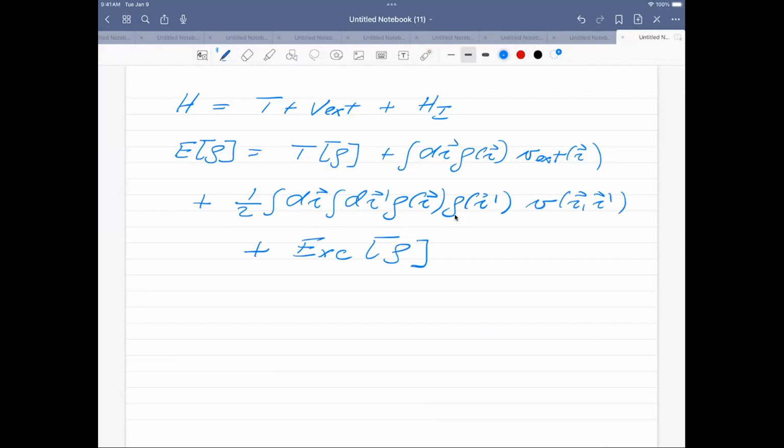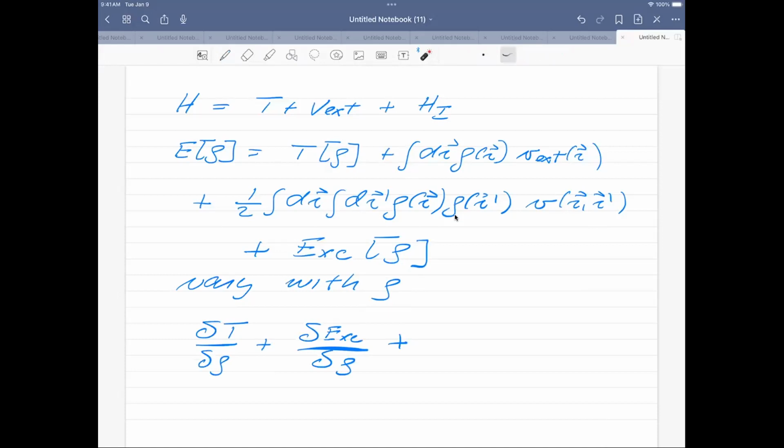So when I then calculate the functional derivatives, what I'm going to do is to vary this equation here with respect to rho. So what we are going to get then is a variation of T with respect to rho plus this delta E exchange with respect to rho plus, and if I look at the term with the two-body interaction, the direct term here, that's going to give me two derivatives, and then that takes away the factor of 1/2.